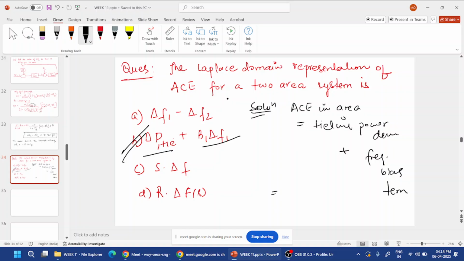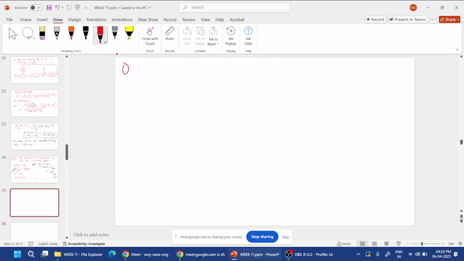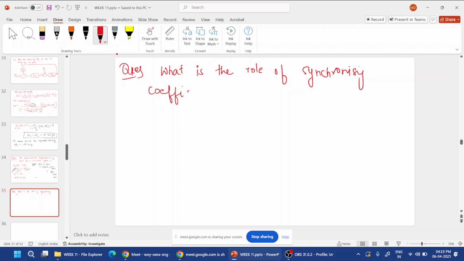Now in the next question, let me give you. What is the role of synchronizing coefficient in the tie power line equation?